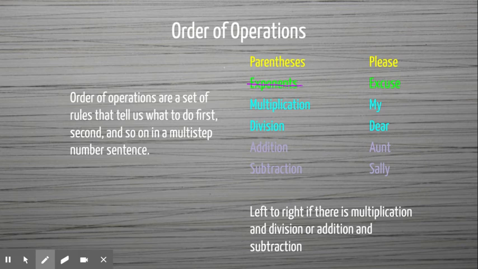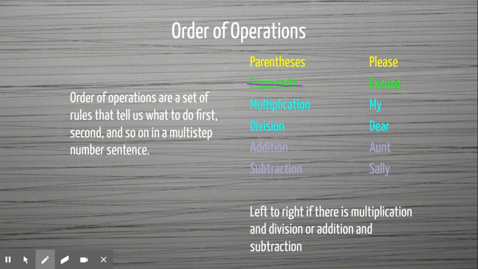It doesn't mean I have to do division first. I just have to do multiplication or division in order from left to right. Same thing with addition. It's in purple because those two things go together, and I'm not solving addition first, then subtraction. I'm solving addition and subtraction from left to right.